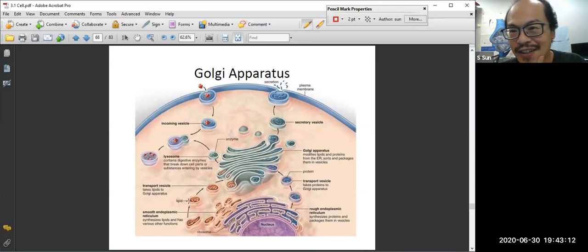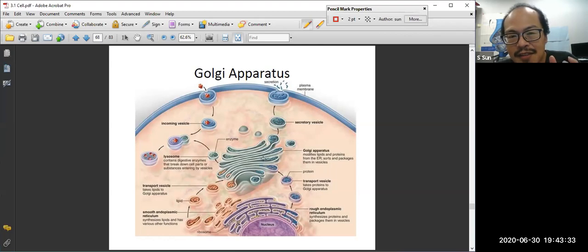Just another picture of the Golgi apparatus, right? Here we show that substances can be packed in vesicles and move to the Golgi, and this basically is protein moving to the Golgi.